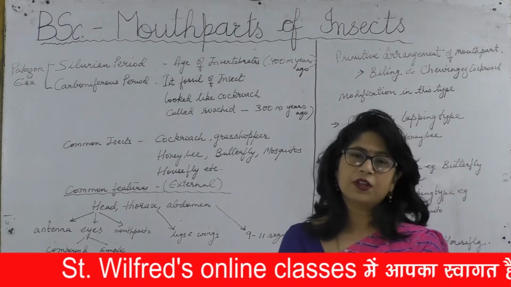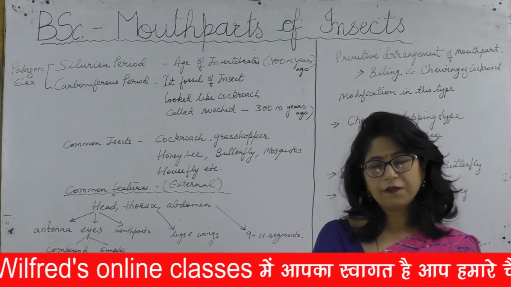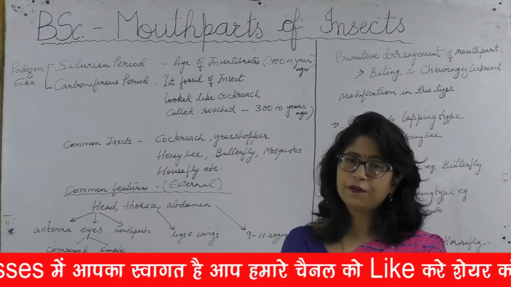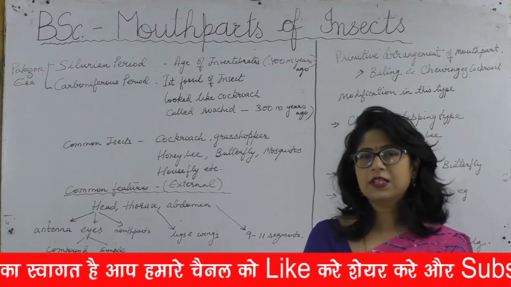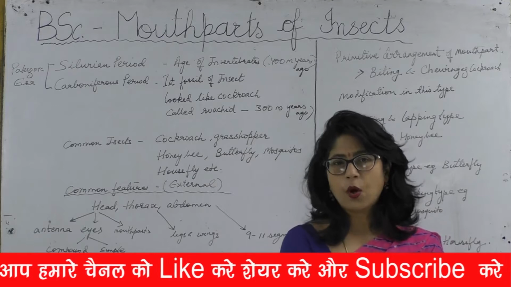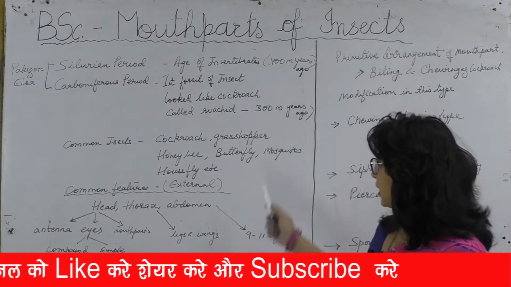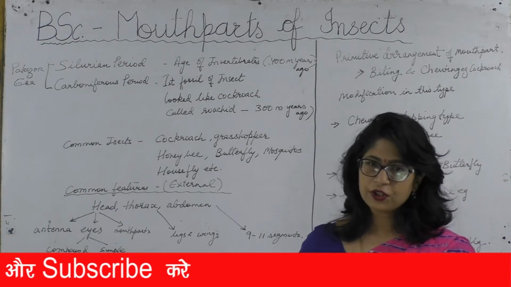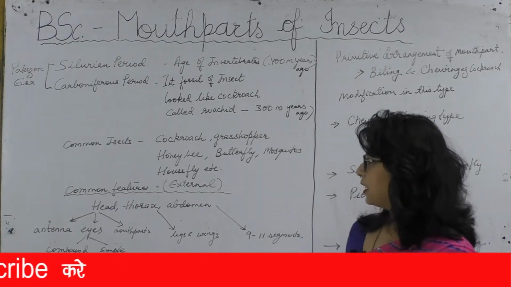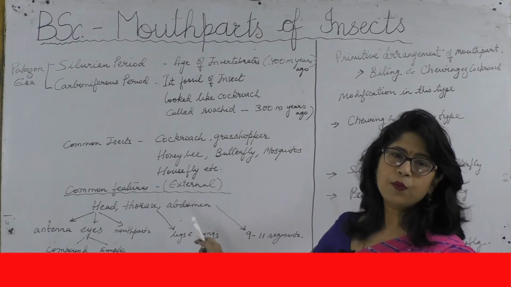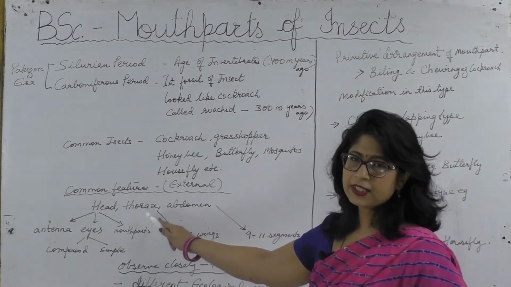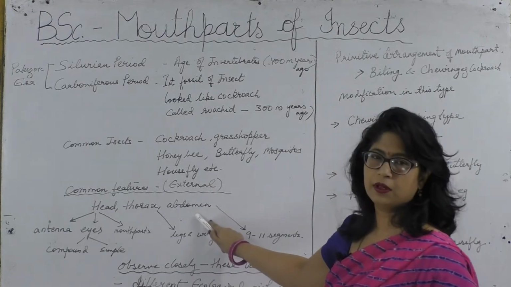Now, when we observe these insects, we find that they have some common characteristic features. We will be discussing only the external common features that we find in these insects. The body is divided into head, thorax, and abdomen.